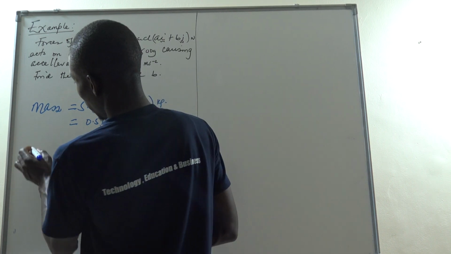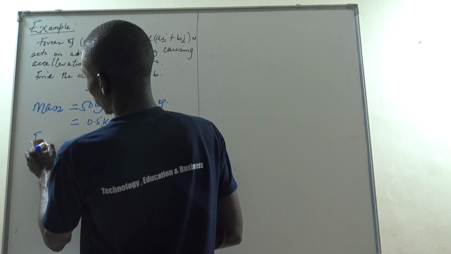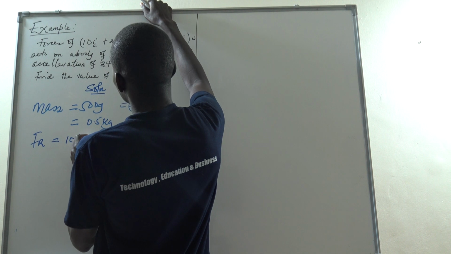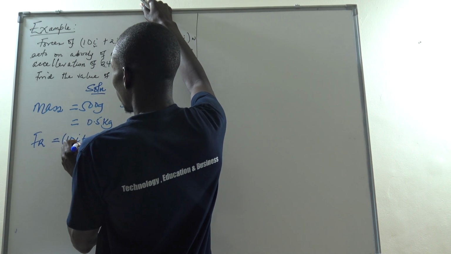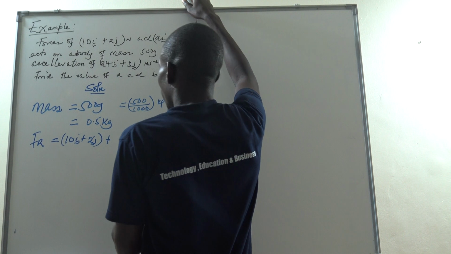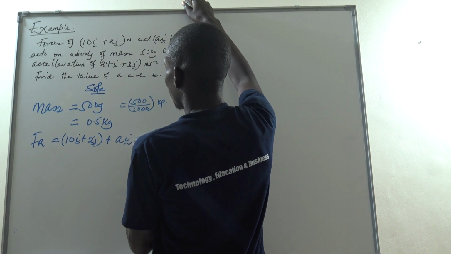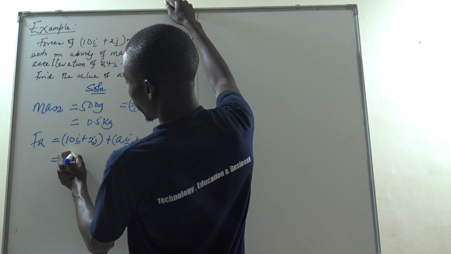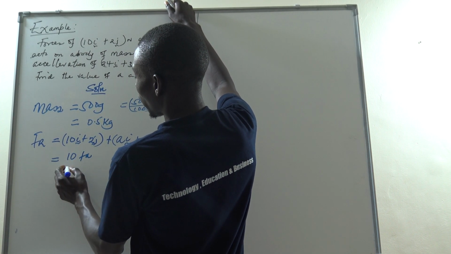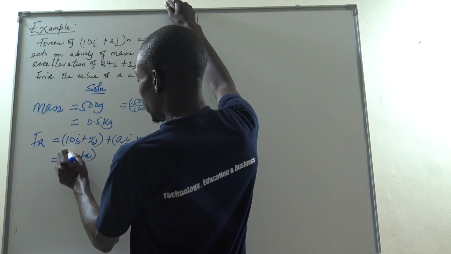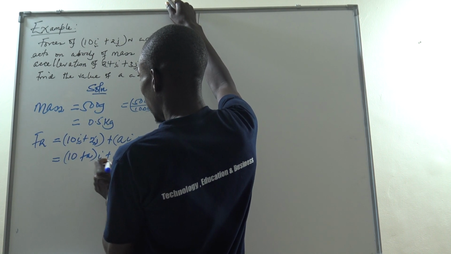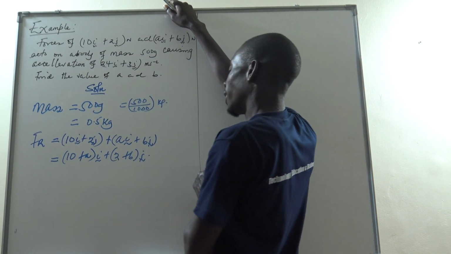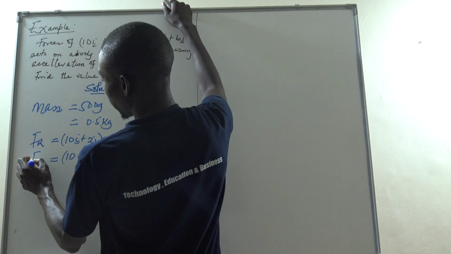Now we can ask, what is our resultant force? Our resultant force is supposed to be 10i + 2j plus ai + bj. This one we can write as (10 + a)i + (2 + b)j, and this is our resultant force.